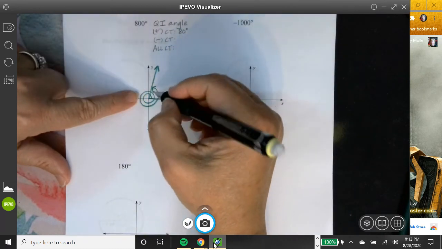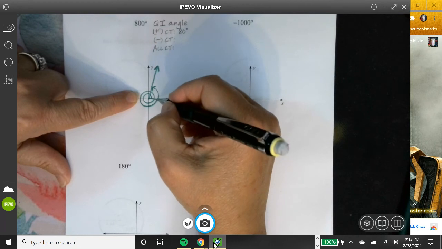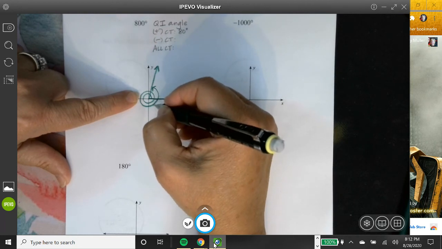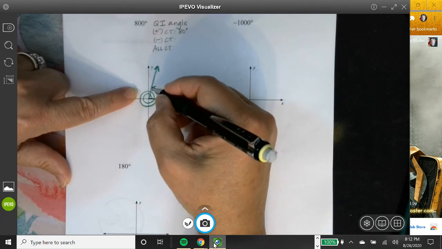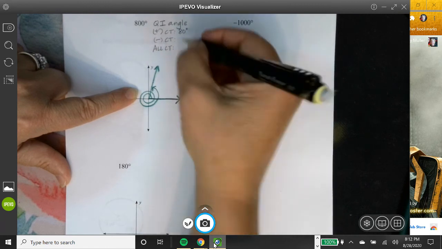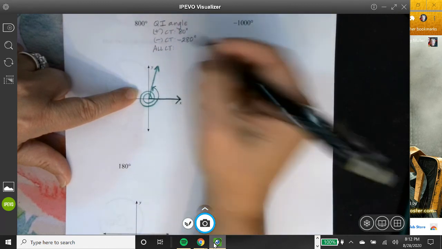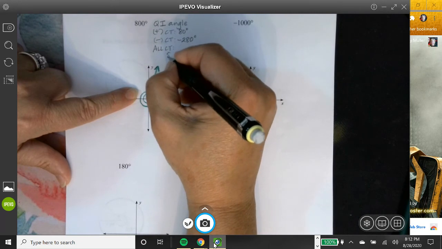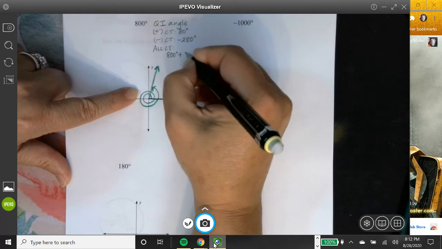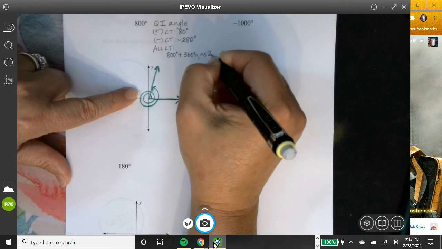A negative coterminal could just be going around once in the clockwise direction, and then end at this terminal side. So it would be 80 less than 360, so it would be negative 280. And an expression for all of them would be 800 degrees plus 360 degrees times n, an element of the integer set.